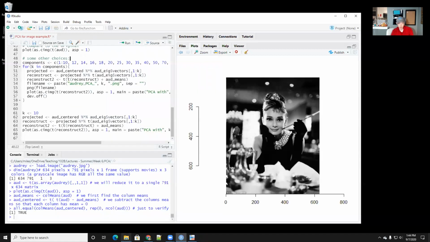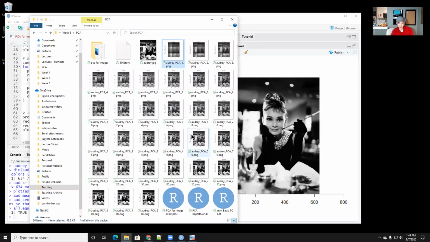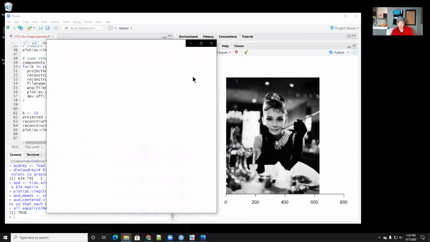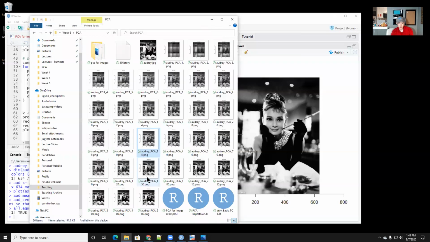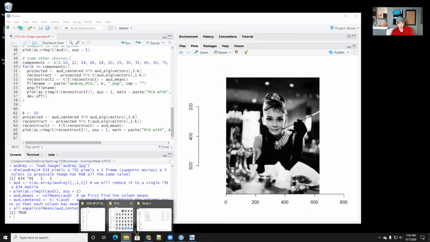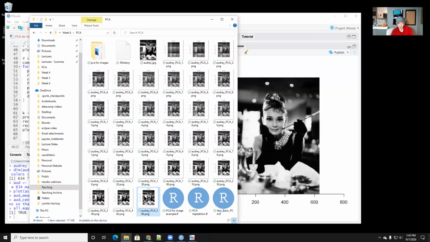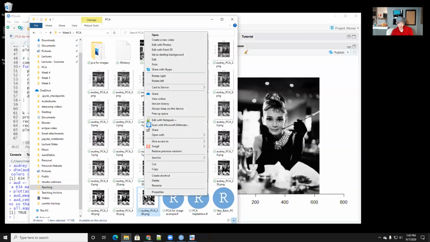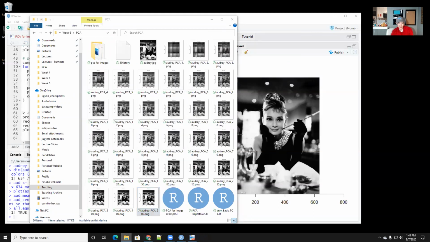Something happened here. You have to reconstruct the image. Yeah, 120 is definitely way more gray. Something has happened to my computer, and I cannot show. Oh, geez.